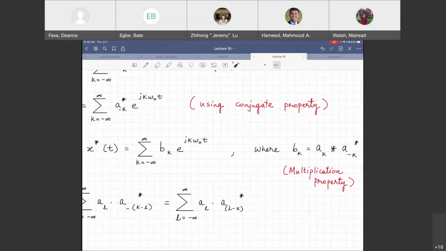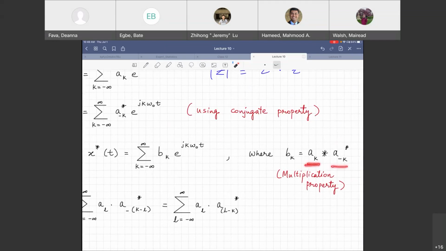Where b_k is what? a_k discrete convolution with a sub minus k conjugated. Where is this coming from? It is coming from the multiplication property. In time, you have multiplied the two signals, x and x conjugate. So in Fourier series, you will have to do a discrete convolution. You have done the discrete convolution of these two guys, and you have called it b_k.